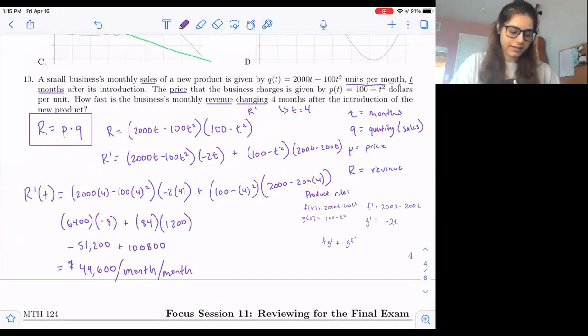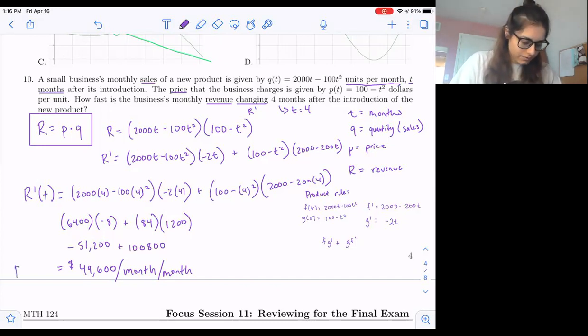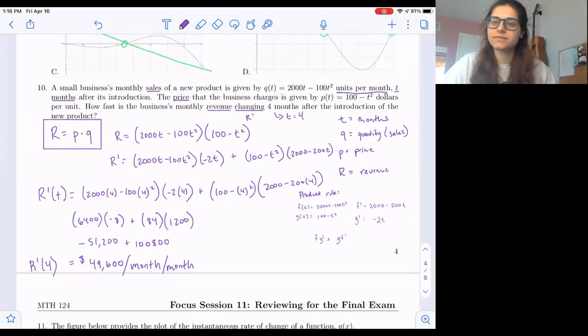So I did units, which was dollars per month, and then since it's the derivative function, I did another per month. Dollars per month per month. Kind of confusing. That one's not very common. But that will give us our revenue changing, so R prime of 4. Any questions on that one? It's pretty long.